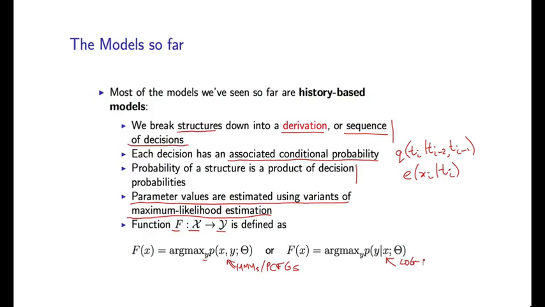This is what we saw with log-linear taggers. So we use these history-based models to define either a joint distribution over inputs and outputs or a conditional distribution over outputs given inputs. In all of these models, we've followed this methodology where we've broken structures down into sequences of decisions, associated each decision with a probability, and then multiplied these probabilities together to get the probability for an entire structure.